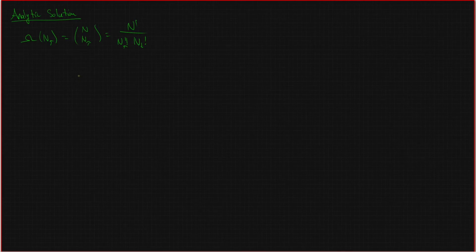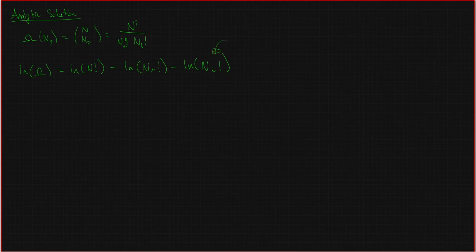Okay. So let's assume that in this paramagnet, the number of up dipoles and the number of down dipoles are both, separately, very, very large numbers. So let's consider log of omega. That'll just be ln of N factorial minus ln of N up factorial minus ln of N down factorial.